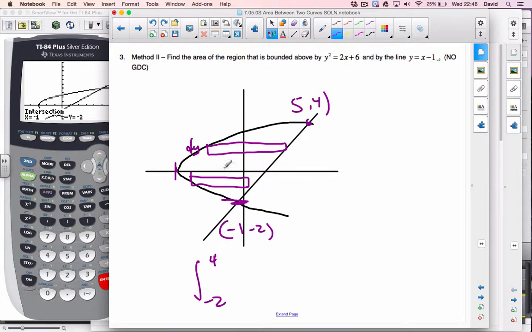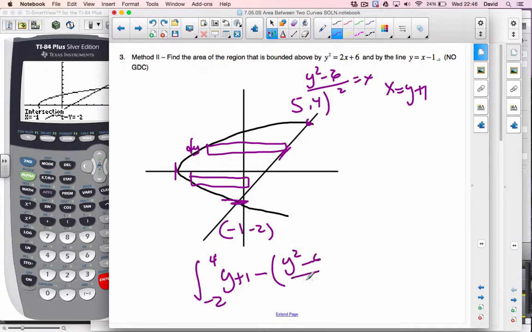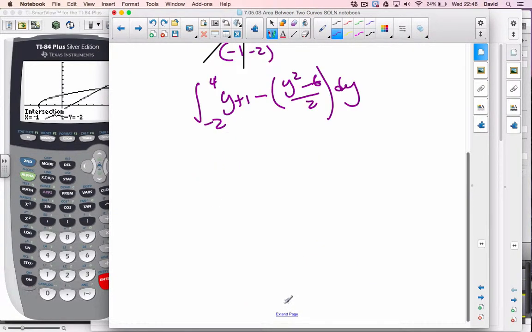As opposed to the upper minus lower, it's the right curve. In terms of y, this is x is equal to y plus 1. So I have y plus 1 minus y squared minus 6 over 2. Let's solve here, and I get y squared minus 6 over 2 equals x. And so it's y squared minus 6 over 2 dy. And then I can do this computation, and it's much simpler.